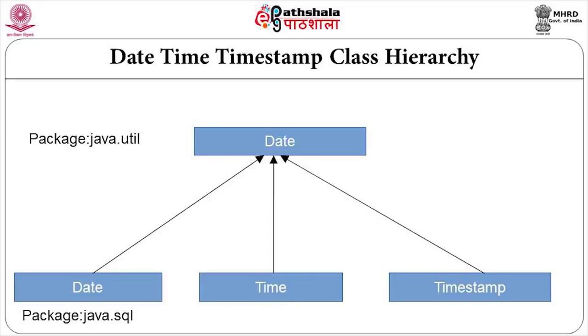Corresponding to these, we have the classes called java.sql.Date, java.sql.Time, and java.sql.Timestamp. And one point here, all these three classes, Date, Time, and Timestamp, extend from the Date class, the java.util.Date. So keep that in mind. They are all actually dates only, which manage our time in millisecond values internally.